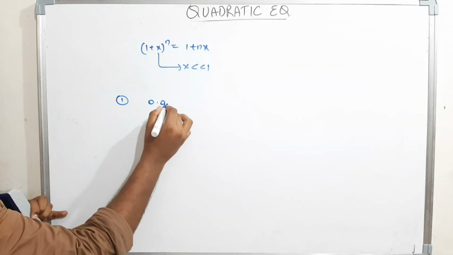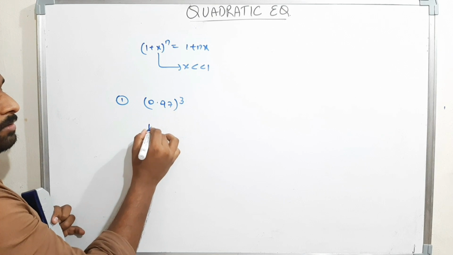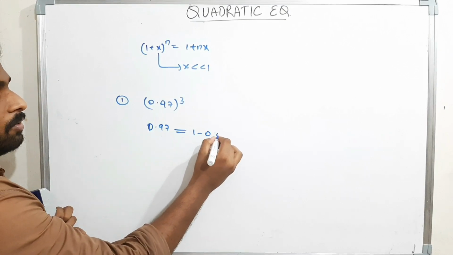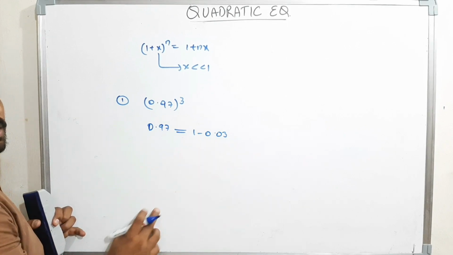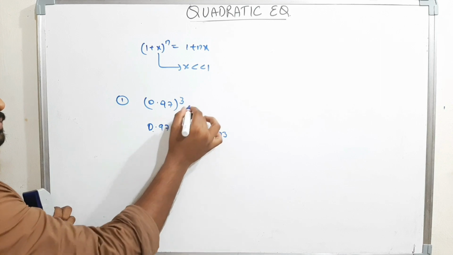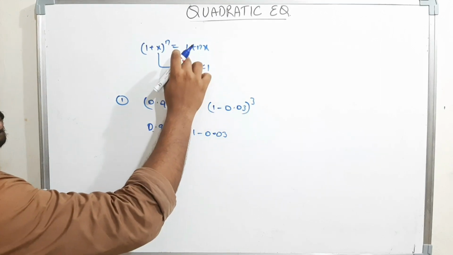I will see one example. 0.97 whole power cube. Now what is the value of this? Can I write 0.97 as 1 minus 0.03? 1 minus 0.03 is nothing but 0.97. Therefore, 1 minus 0.03 whole cube, which is in the form of binomial expansion.